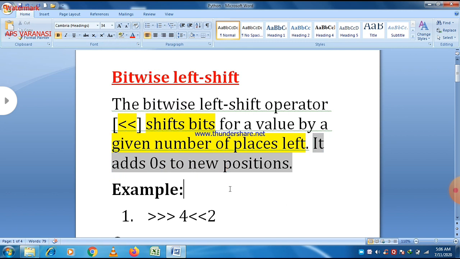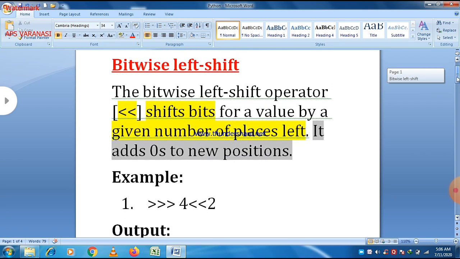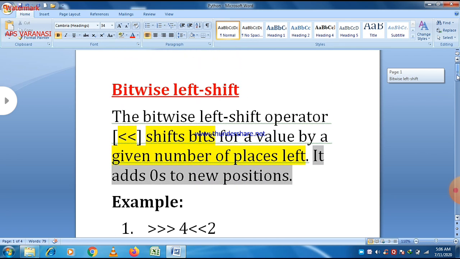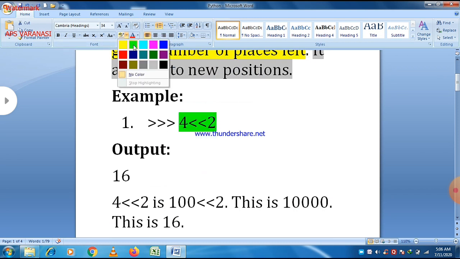Now here is a small example. You can see 4, then the bitwise shift operator, and then 2. Now a question arises in mind: 4 is not a binary number, so how does the bitwise operator work on this? First of all, 4 should be converted into a binary number.